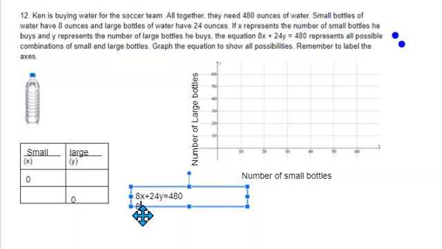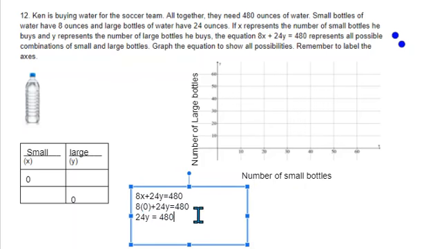So I have 8 times 0 plus 24y equals 480. 8 times 0 is 0, so that part is gone, and now I just have 24y equals 480, and I want to divide both sides by 24.